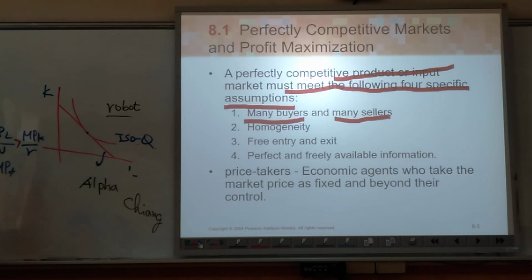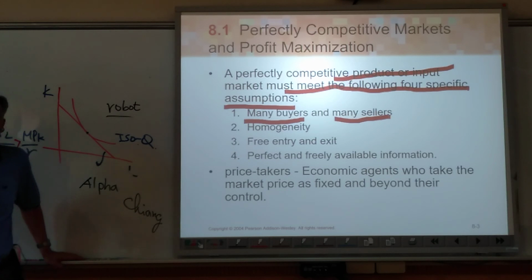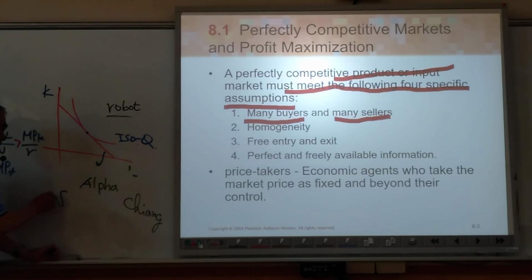Can you give us one example? Something like this, you have many buyers and many sellers. Rice. Okay, what else? Fish. You mean fish? Are you sure?